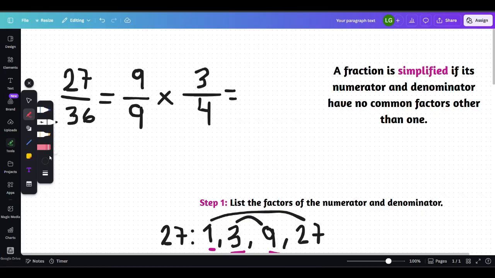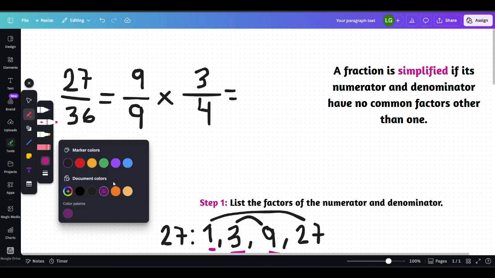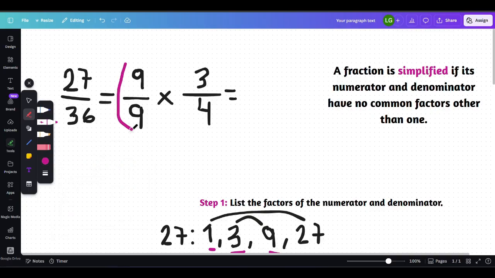And we have to remember that this fraction here equals 1, right? Because 9 divided by 9 equals 1, or any number divided by the same number equals 1. And 1 times 3/4 is going to give me the same fraction, 3/4.